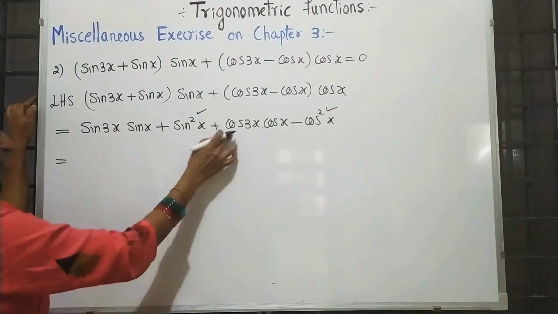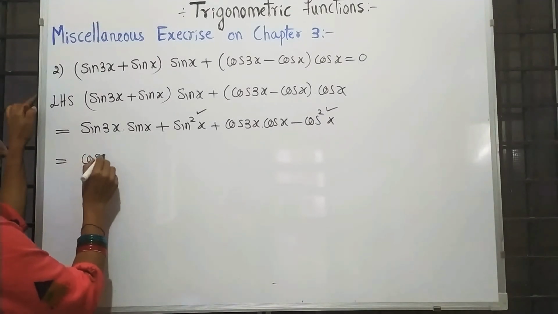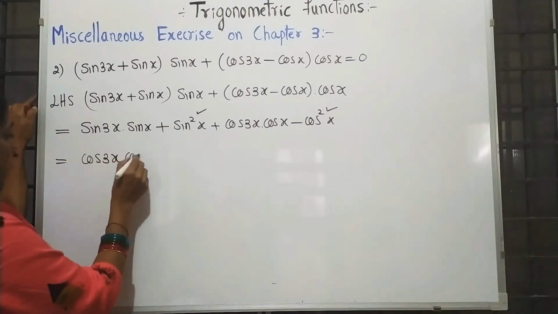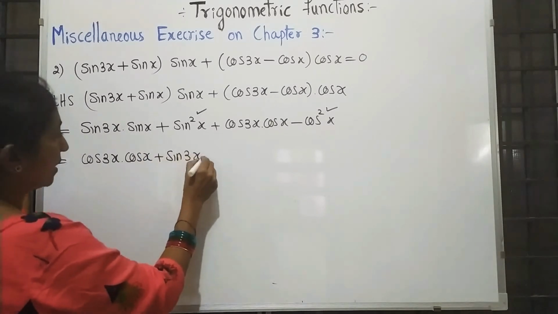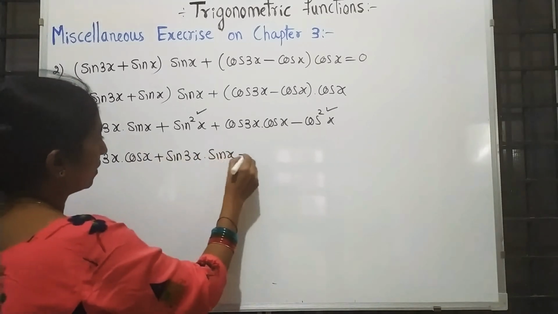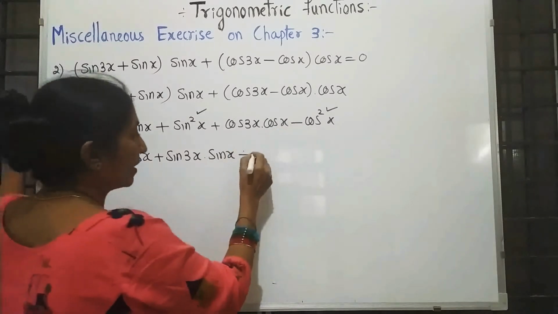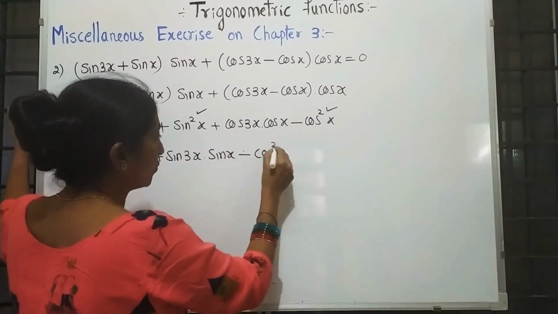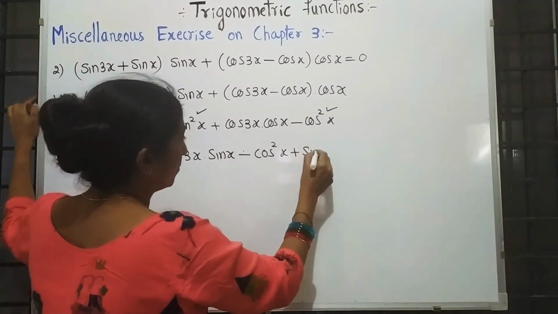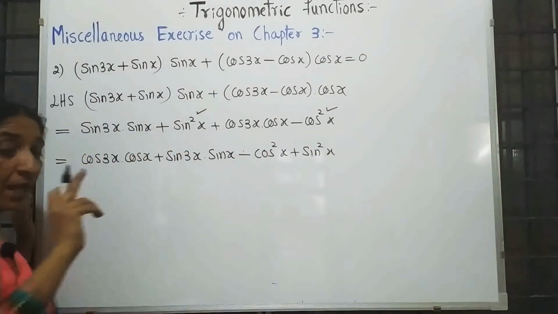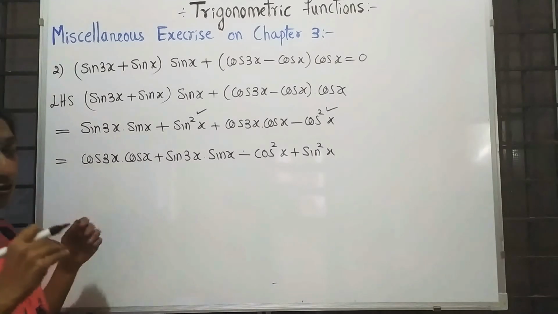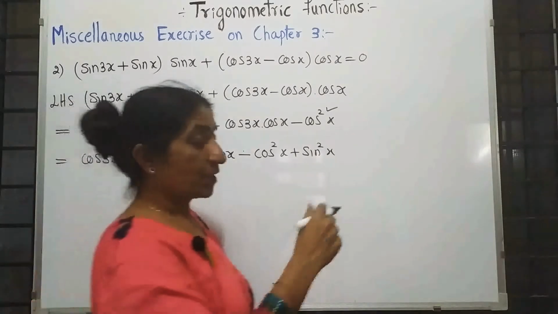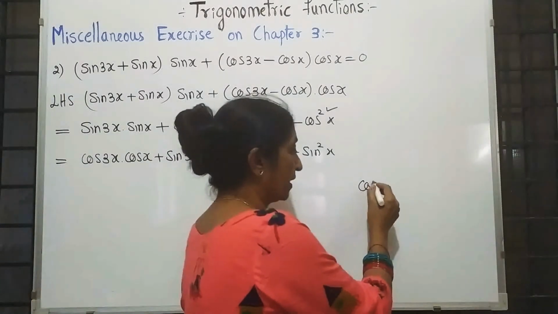I am rearranging this. First I am writing cos 3x into cos x plus sin 3x into sin x, and now I am writing first cos square x minus cos square x plus sin square x. I think you remember, in the starting of trigonometry in the first year when you were learning the geometrical representation, we derived this formula.